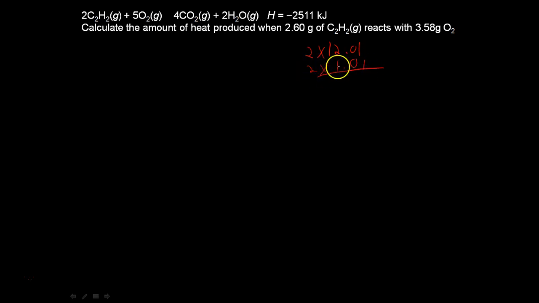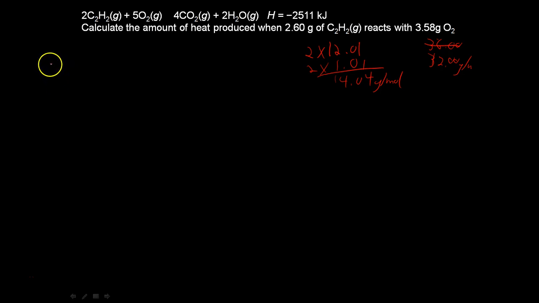And so that will end up being 14.04 grams per mole. And then for O2, it will end up being 16 times 2, 32.00 grams per mole. So we've got to find out which one is the limiting reagent.